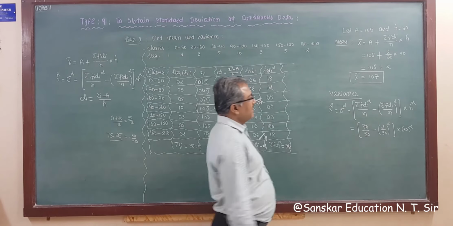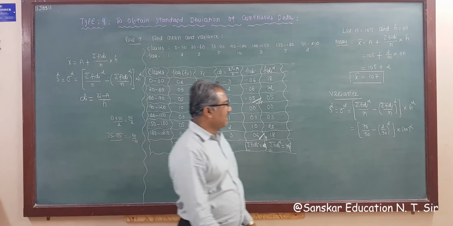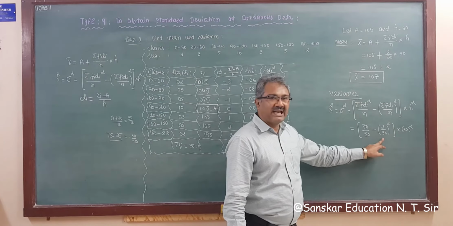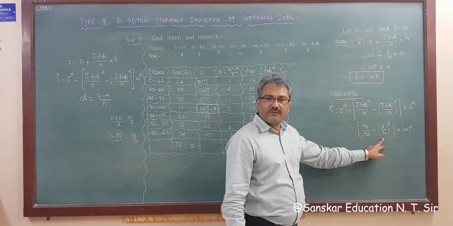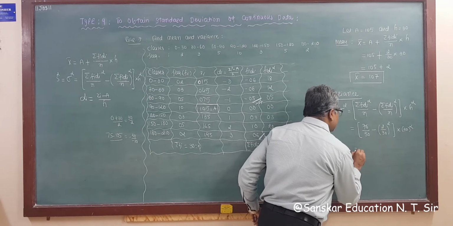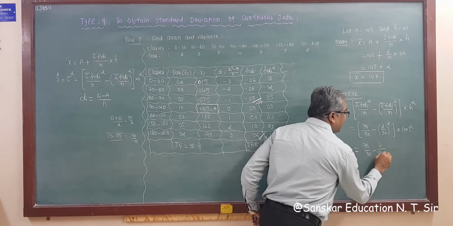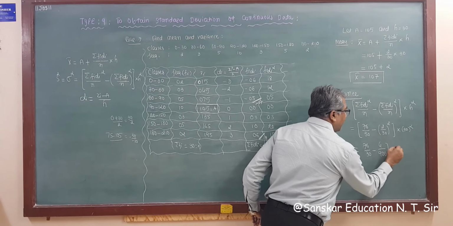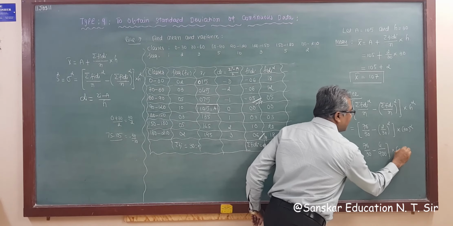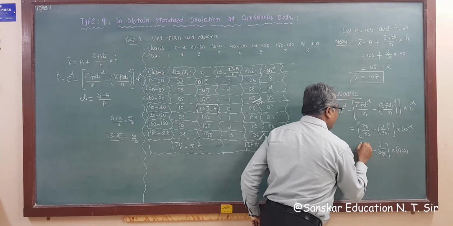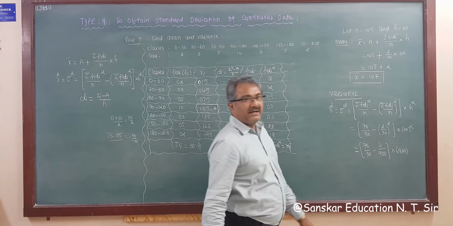Now you have to simplify this, right? So this is 4 upon 900, and this is 76 by 30 as it is, minus 4 upon 900 into 30 square, that is 900.